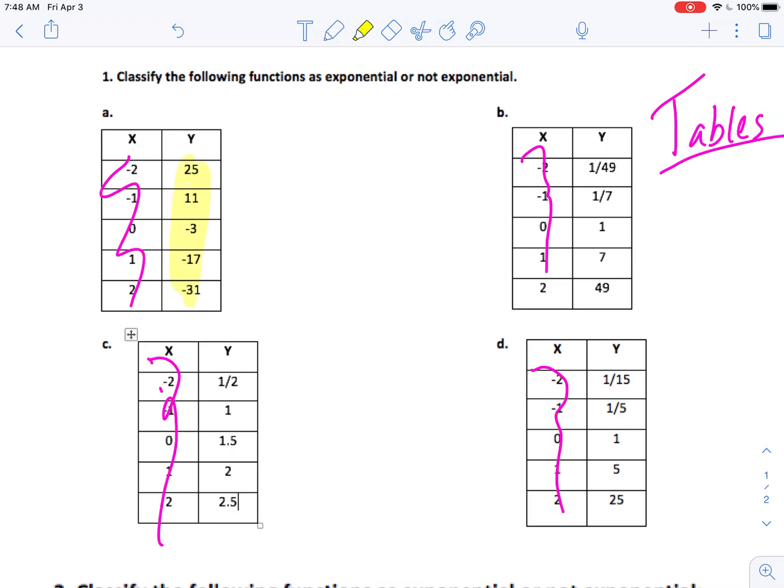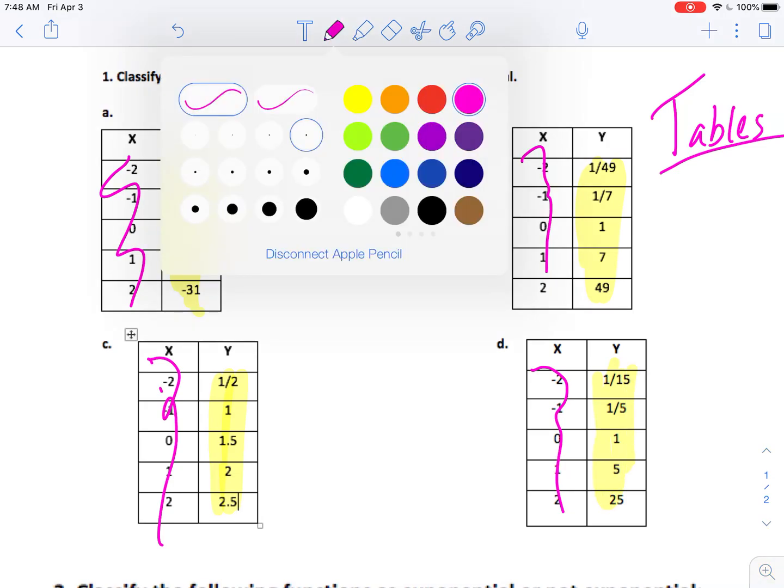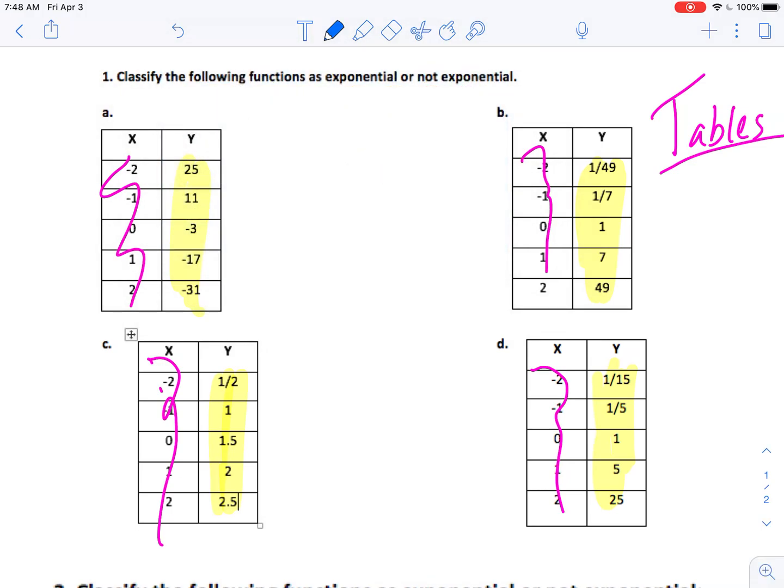All right, now let's look at some tables. And I'm not going to worry myself with this left column. What I'm really looking at is these numbers and how are they changing. So in the y column, how are these numbers changing?